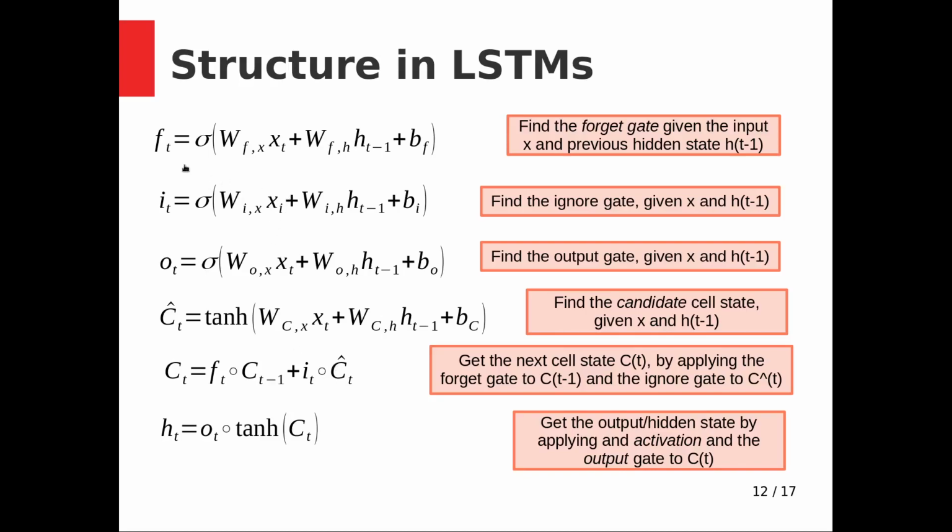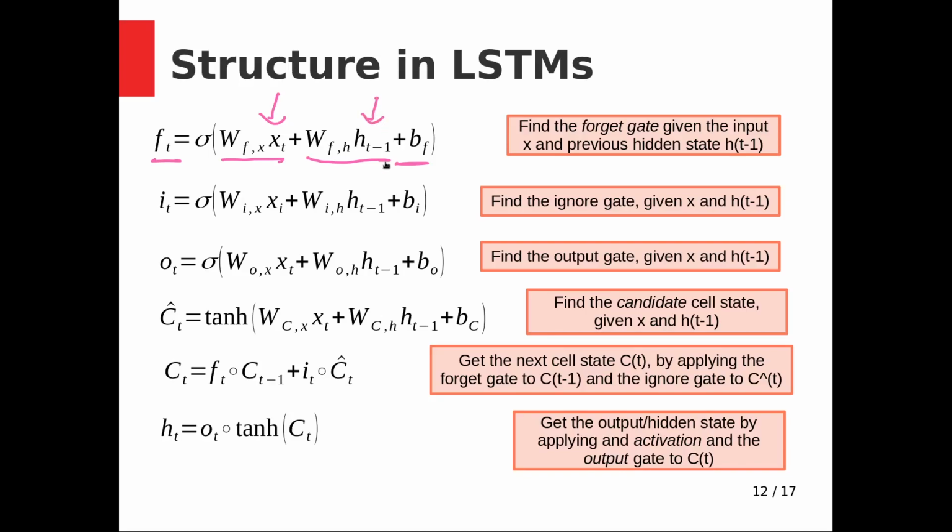So first, with this f of t, we're going to get the forget gates, right? Notice that the math for figuring out the forget gate looks pretty much like a normal neural network forward pass, right? We have a weight and an input, plus another weight matrix and another input, plus a bias. We have one set of weights for the input at time t, and another set of weights for the hidden state at time t minus 1.